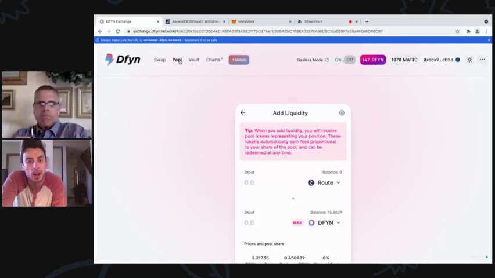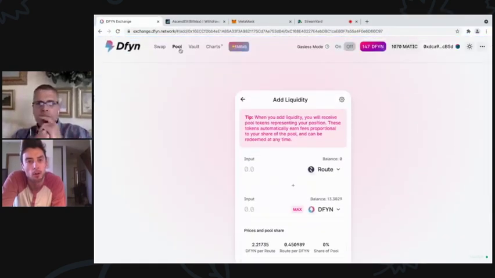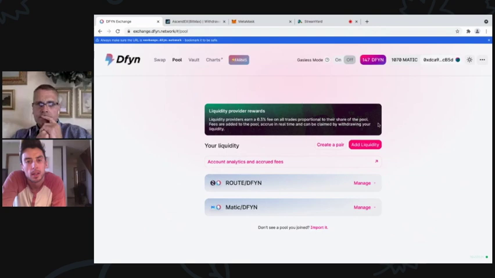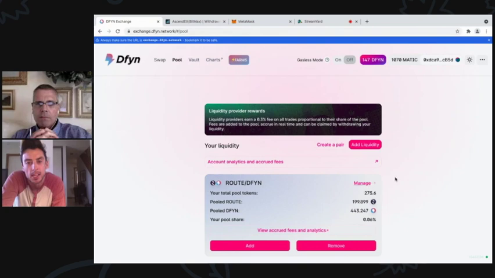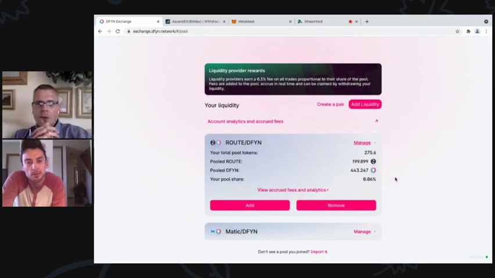Luckily, DFYN will let me know by going over to pool. And now you can see I've already got an LP for Matic and DFYN, and now you can see I have one here for root.